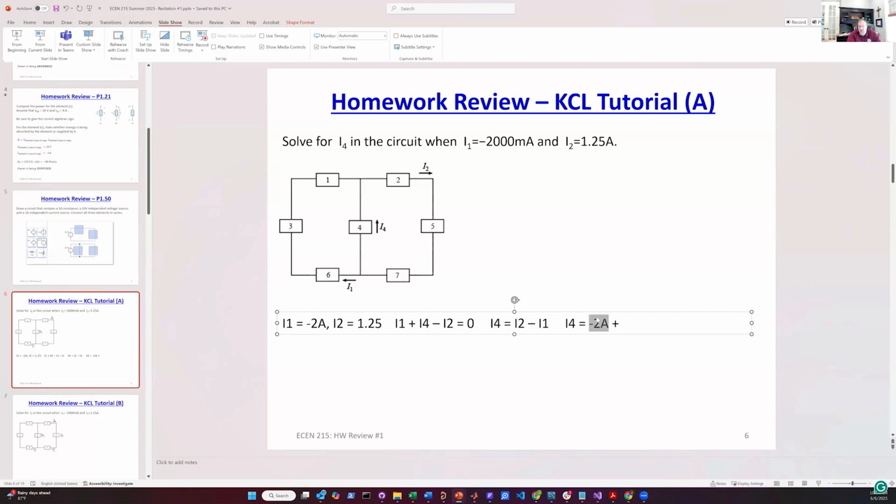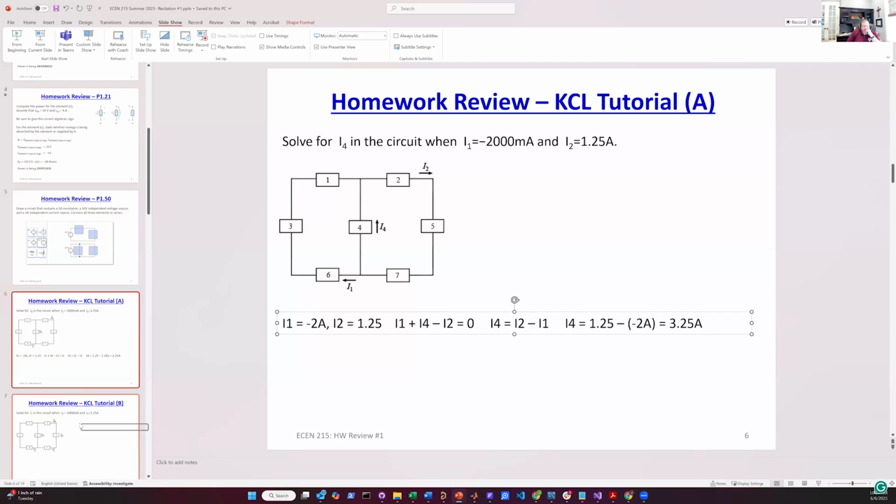So we end up with I2 is 1.25, subtracting minus 2 amps. So what is that, 3.25 amps. Does this make sense?